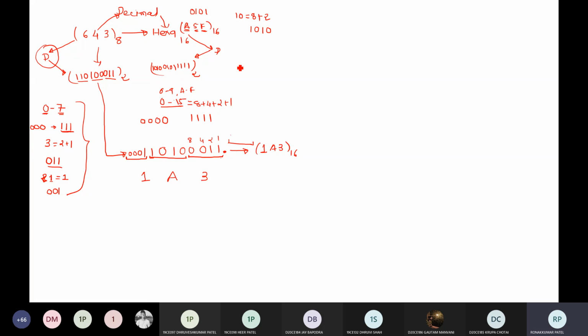So this is the binary representation of it: 1010 0101 1111. This is the binary representation of this hexa number A5F. Now I need to convert into octal, so make groups of 3.